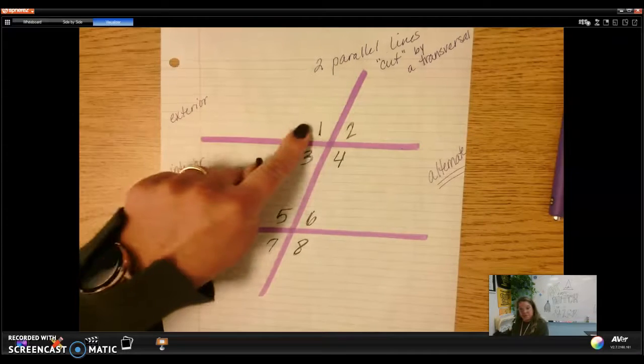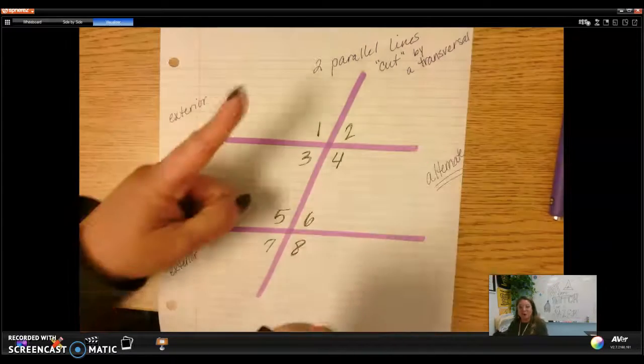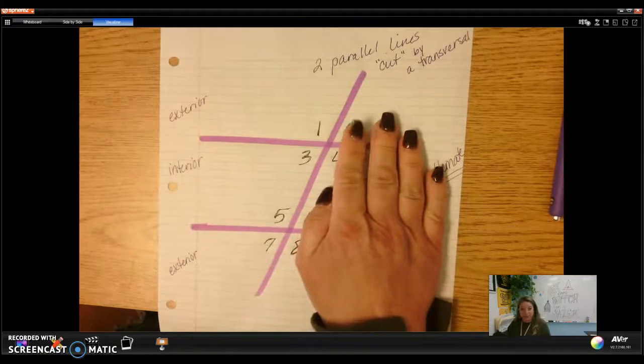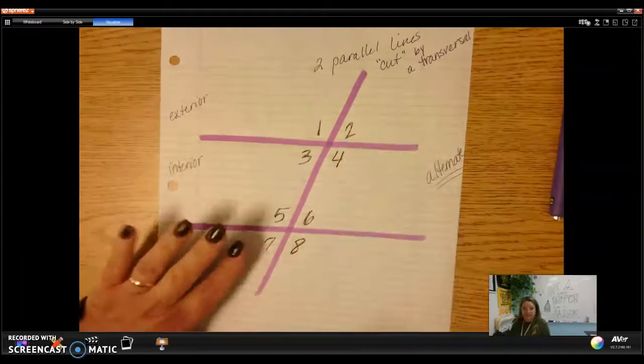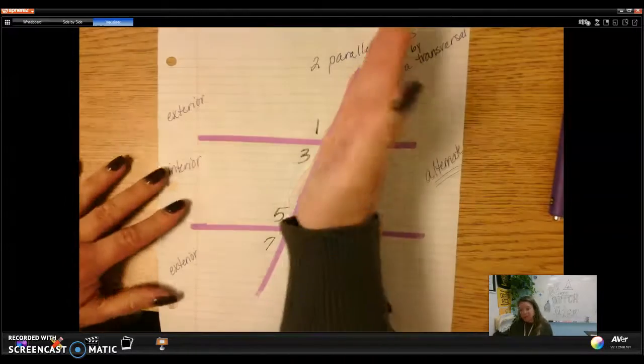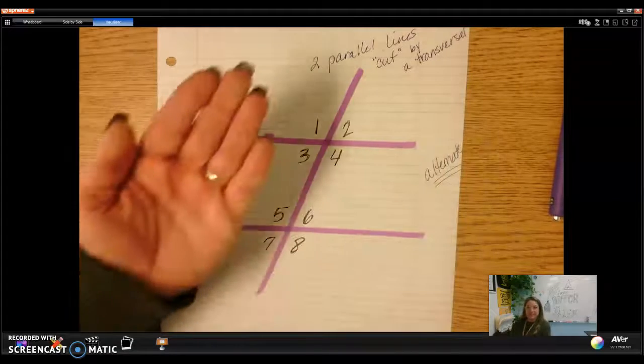So like number 1 is on this side, number 4 is on that side. They're on alternate sides, okay? Angle 2 is up here. Angle 7 is on the alternate side of the transversal. So your eyes kind of focus on the transversal line, and it's on opposite sides.